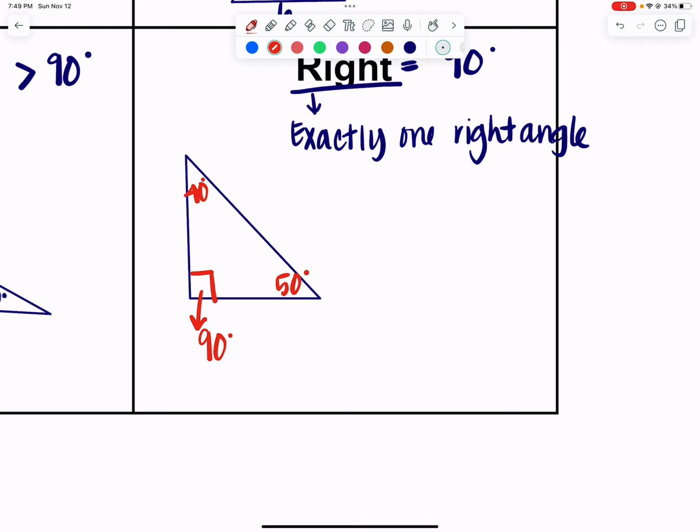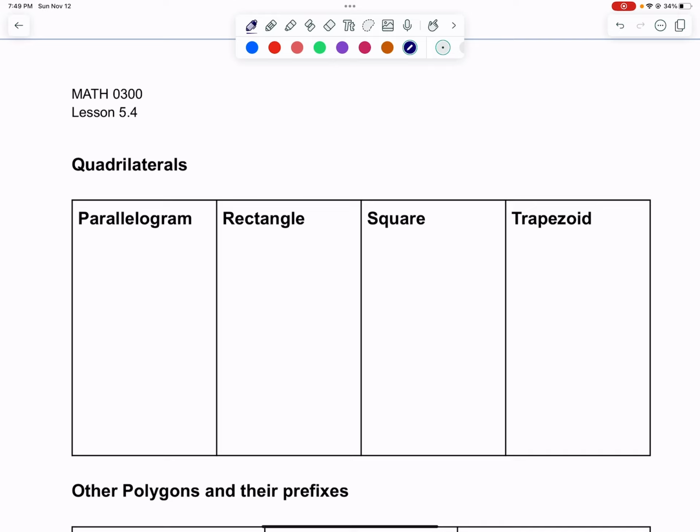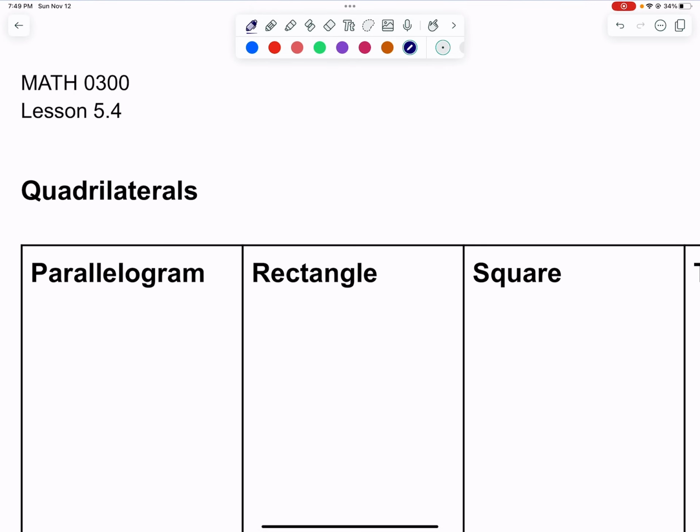So now let's take a look at some quadrilaterals. These are the only two special groups we're really going to look at, so don't run screaming from the room. Quadrilaterals have a clue in here too. They have the word quad, meaning four, and then they have that lateral word in there, meaning sides.